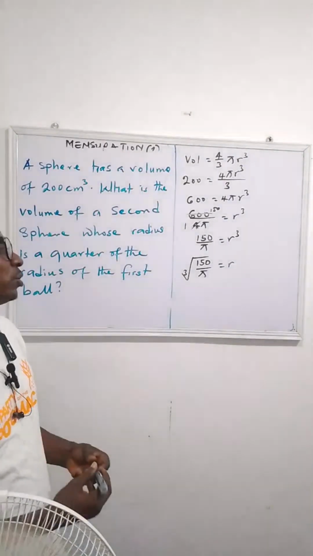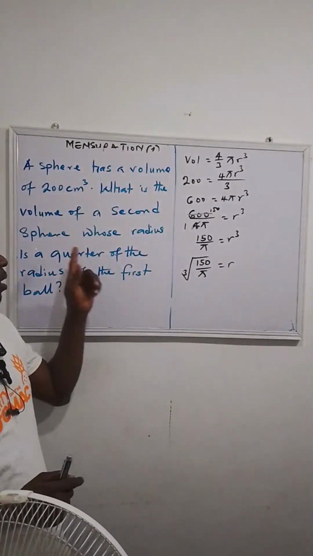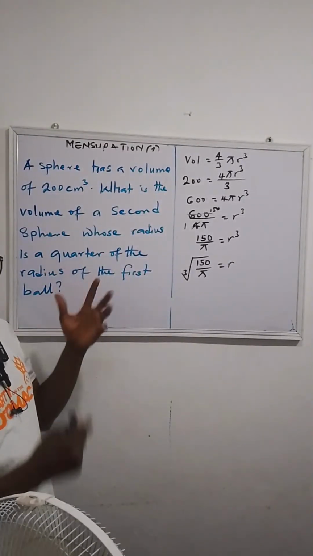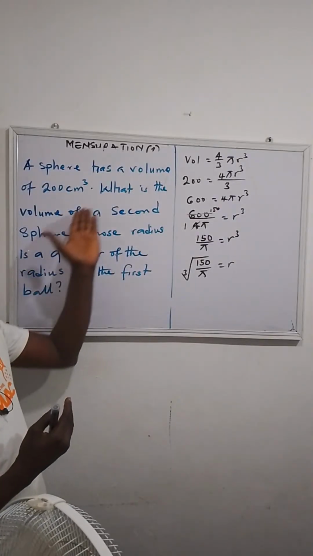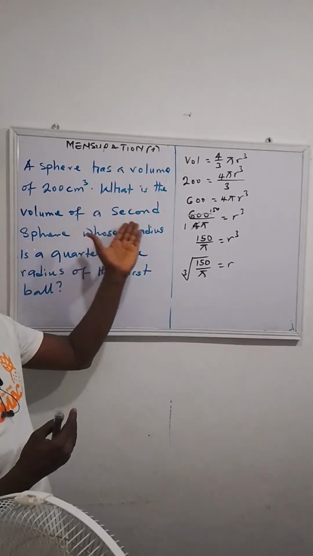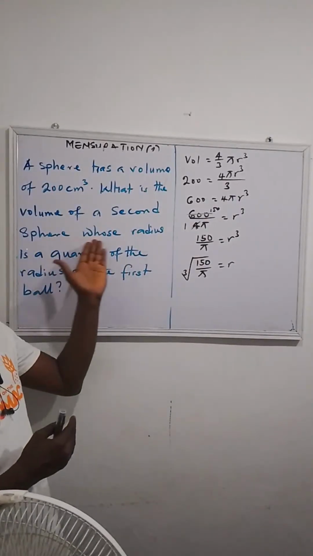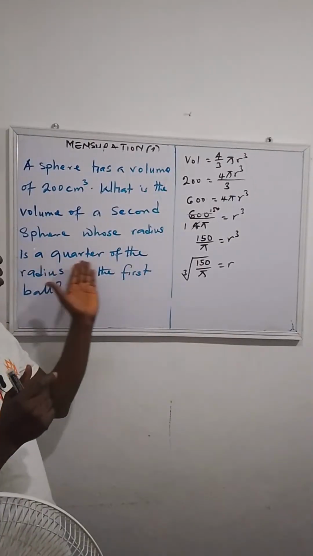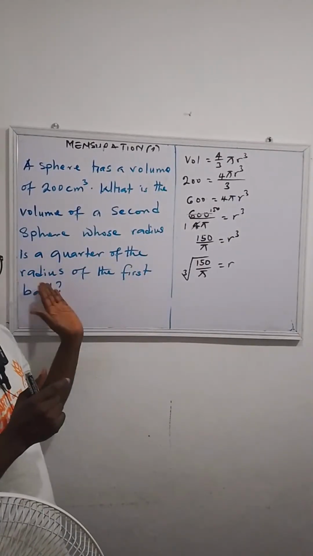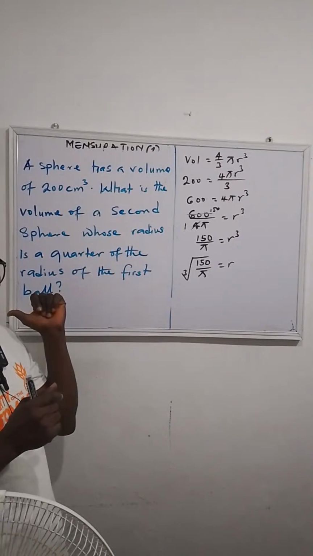Do you get that? Now, for the second sphere, the question asks me to find the volume. The question says, what is the volume of a second sphere whose radius is a quarter of the radius of the first sphere? Do you understand that?